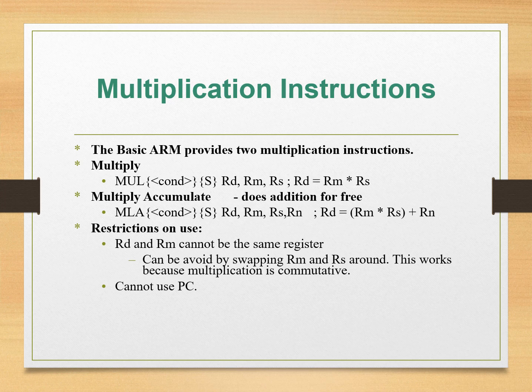This works because multiplication is commutative. So if you want to use the same destination, then you swap the same register to Rs. You also cannot use the program counter. The program counter is one of the registers that cannot be used in this instruction.